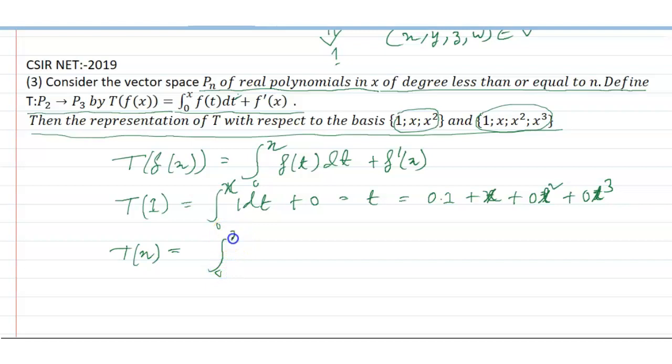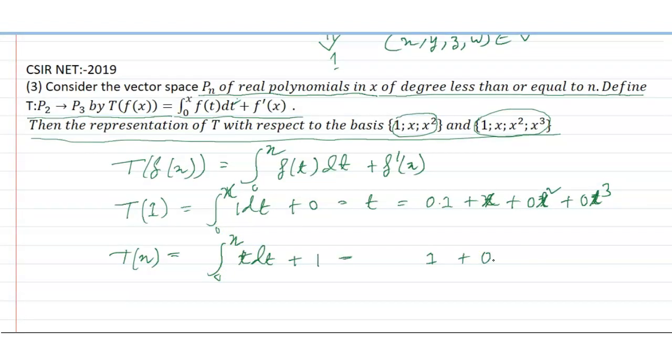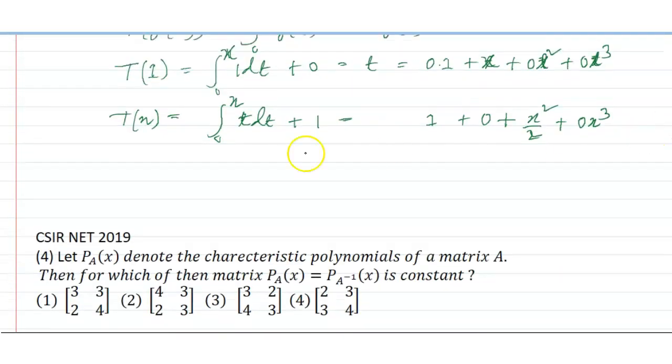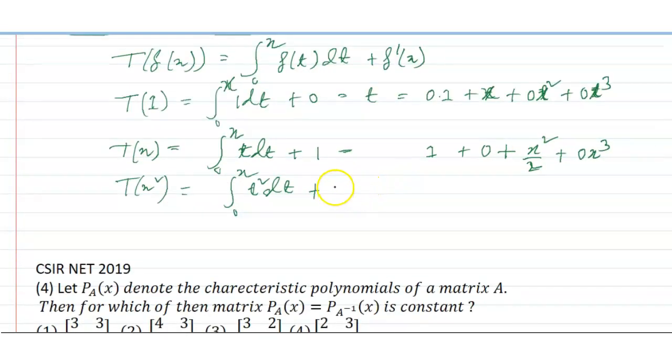So from 0 to x, friends, this formula T dt is equal to x square by 2 plus 0 x cube, and similarly T of x square is equal to the integral from 0 to 2x of T square dt, plus the derivative of T is equal to 2t, so it is 2x.